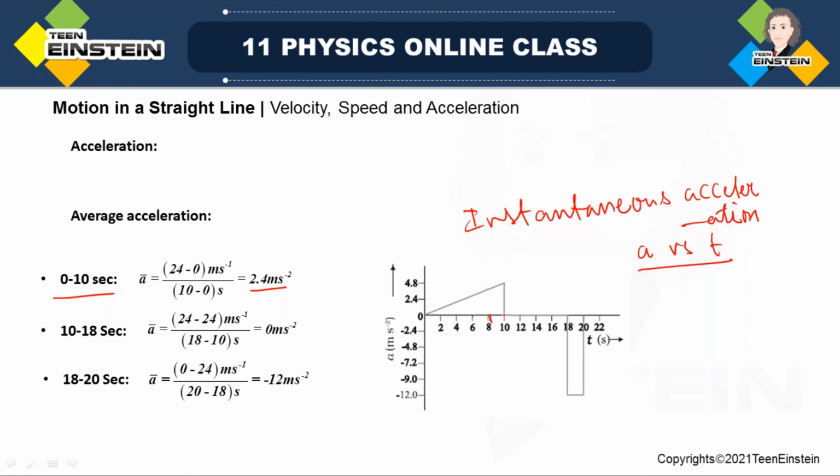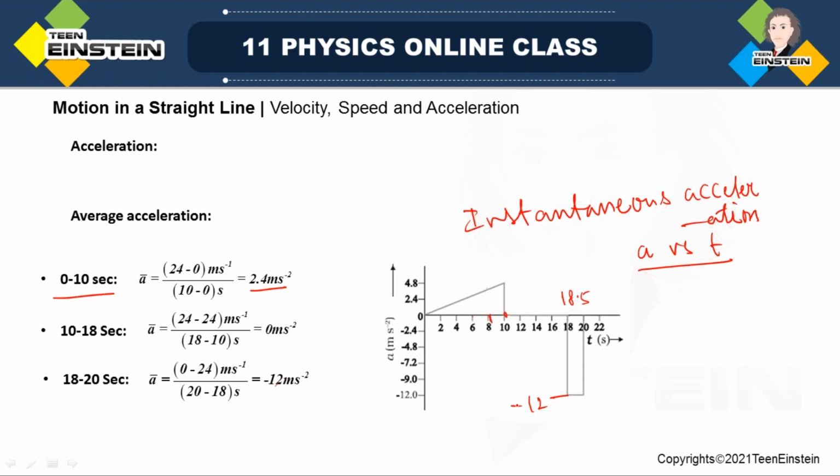Now exactly at 10 the instantaneous acceleration becomes 0. And see, till 18 second it is 0. Just after 18 second it becomes minus 12. As you go from 18 to 18.5 or 18.2 or 18.3, it becomes exactly minus 12 meter per second square.